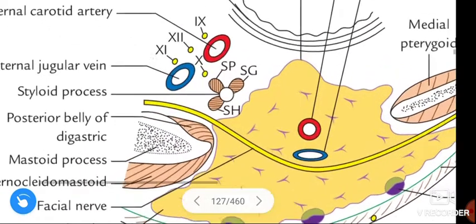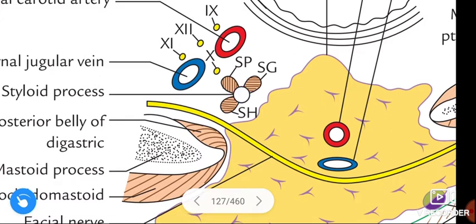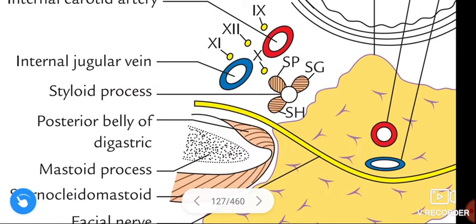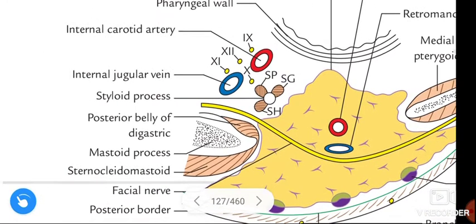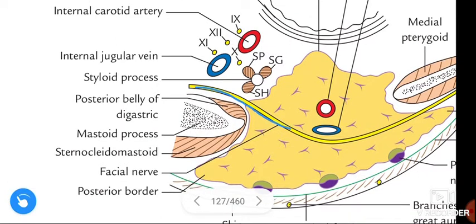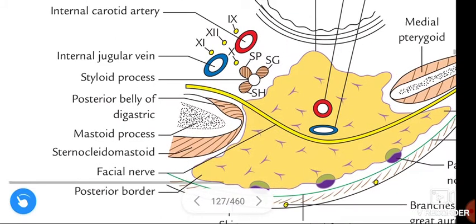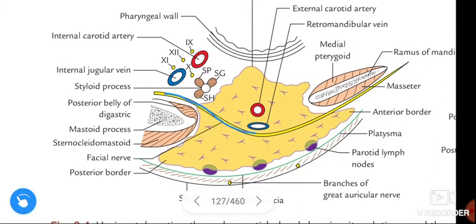Next, this is the styloid process, and the muscles related to it are styloglossus, stylohyoid and stylopharyngeus. Next, this is the facial nerve, which enters the parotid gland from the upper part of the posterior medial surface, and the external carotid artery enters through the lower part. This is about the relations of the posterior medial surface.